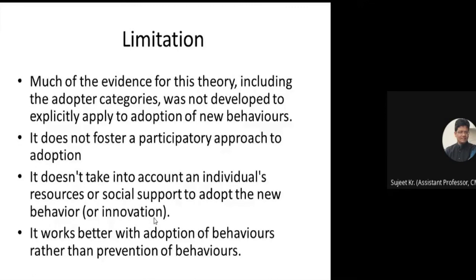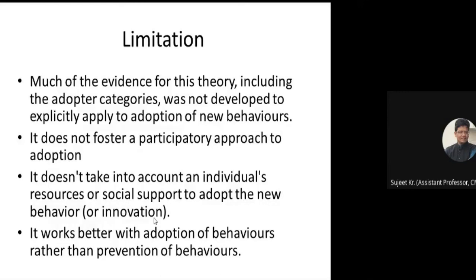So participation of societies, participation of individuals within the society or between societies, participation between government and common people, participation between government development agencies and common people. These kinds of participatory approaches are missing in this theory.